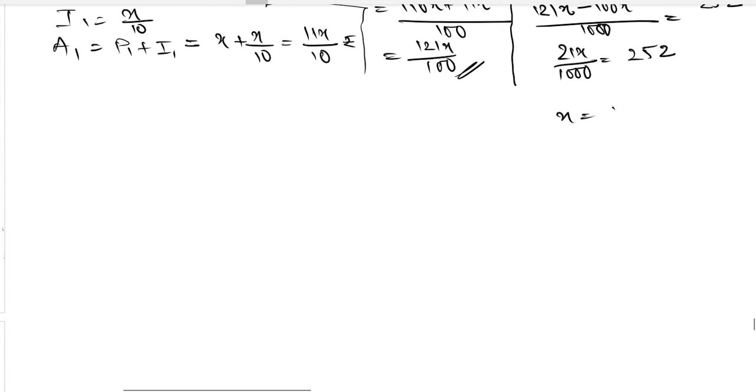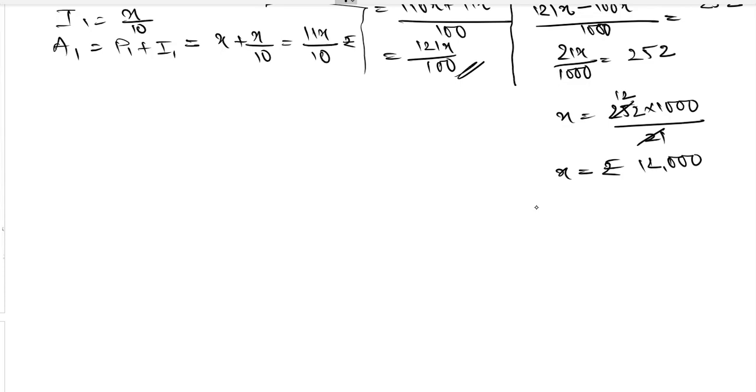So x is equal to 252 into 1000 upon 21. 21 12s are 252. So x is equal to rupees 12,000.